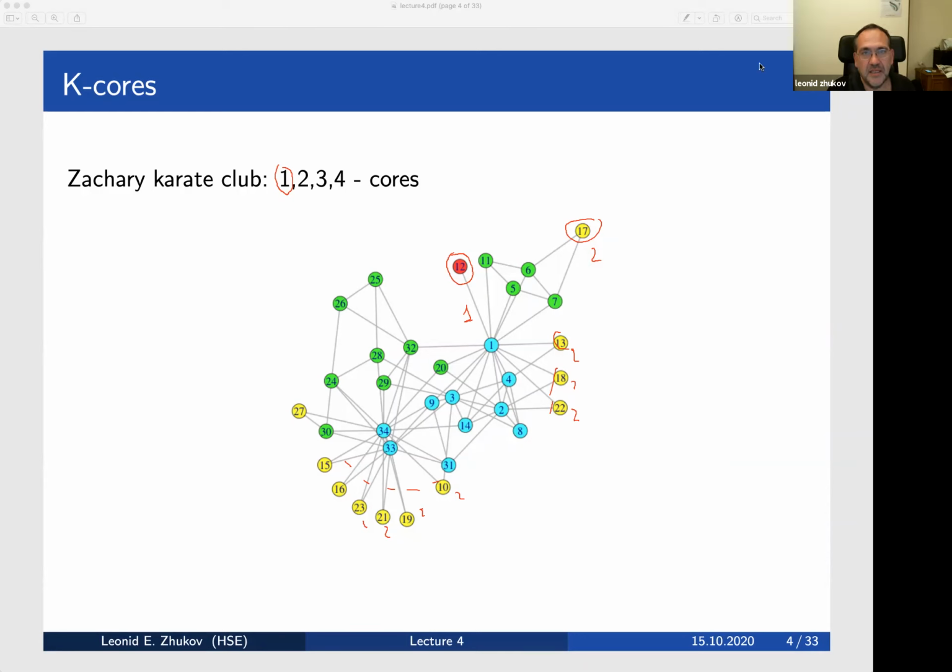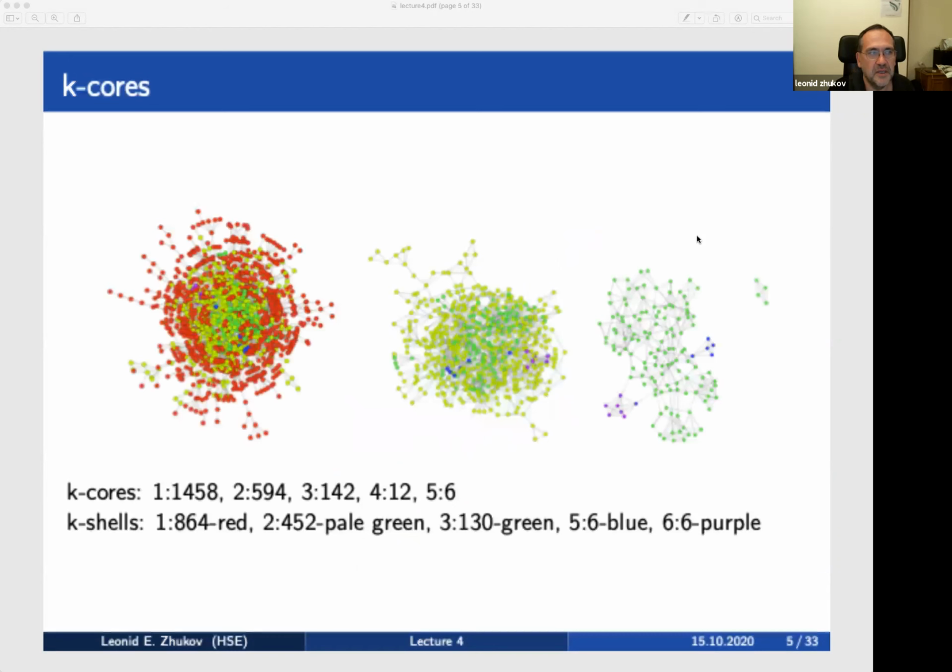So that's that. Or we can also look in more detail at a larger graph. It's the same thing. I try to decompose things. For example, here, when we decompose this, the 1-shell has 864 nodes.